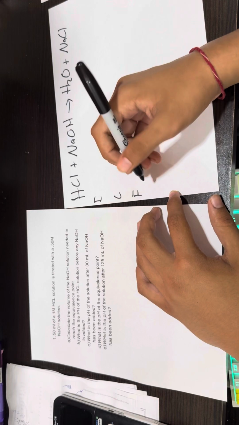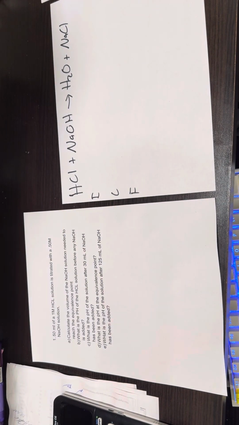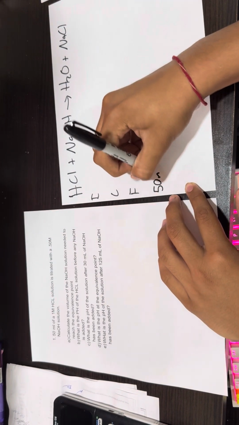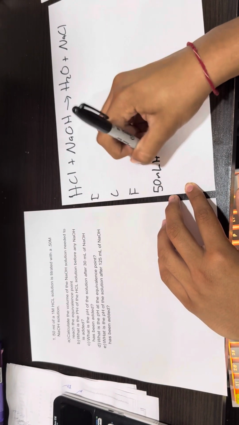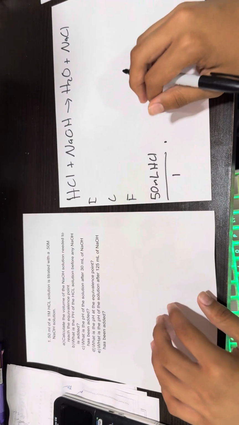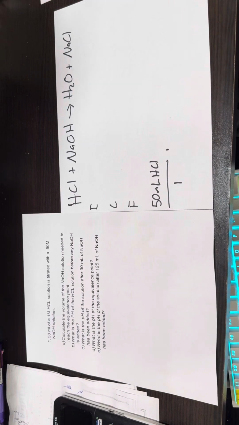multiplying the milliliters by the concentration. So I know that I have 50 milliliters of HCl, and all I have to do to find the amount of moles is multiply by the concentration.